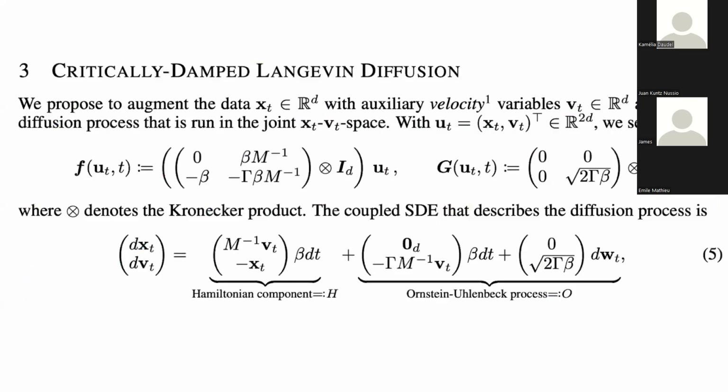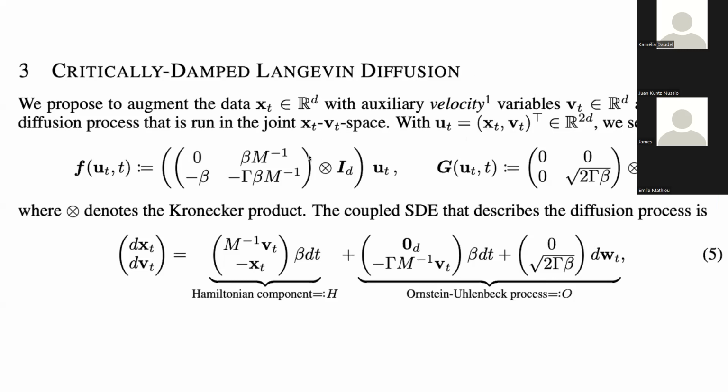Okay. So what's the innovation in this paper? Rather than using a forward noising process like an Ornstein-Uhlenbeck process or Brownian motion, which is very simple, you augment the state space. So rather than adding noise to xt directly, you augment the space from xt to ut, where ut has the xt plus some velocity term, and then noise is injected, I think they call it in the paper, into the data through the velocity term.